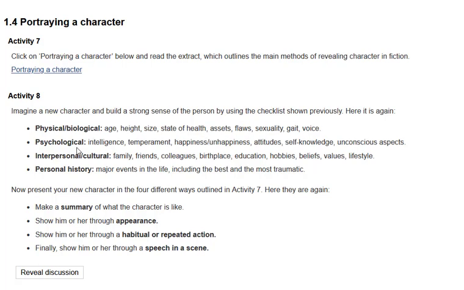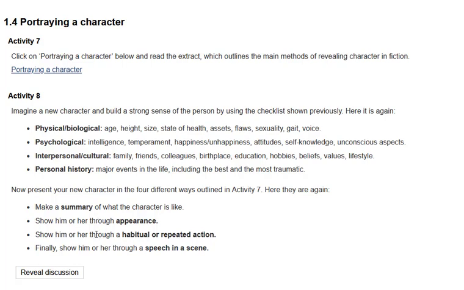We want to look into his psychological traits: intelligence, temperament, happiness, unhappiness, attitude, self-knowledge, unconscious aspects, interpersonal or cultural aspects, family, friends, colleagues, birthplace, education, hobbies, belief, values, lifestyle, personal history, major events in his life, including the best and the most traumatic. Make a summary of what the character is like.